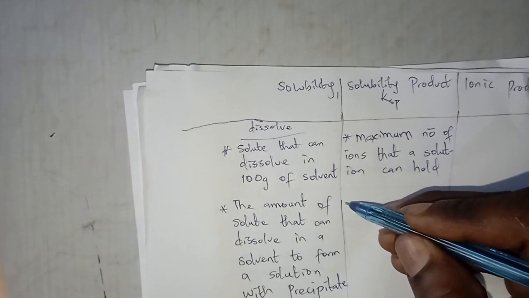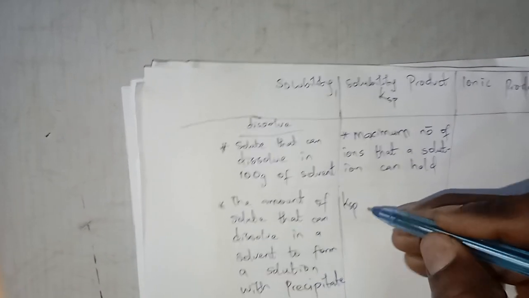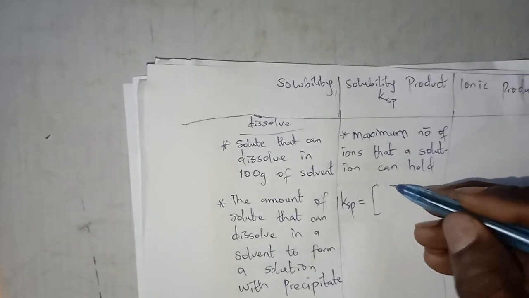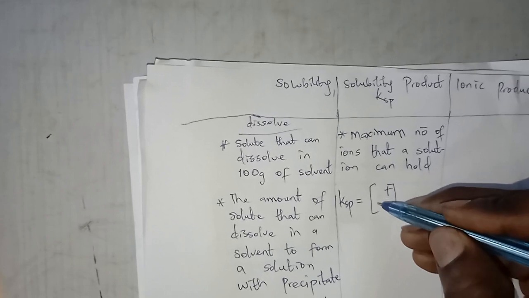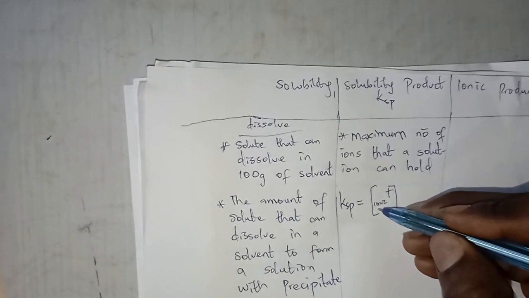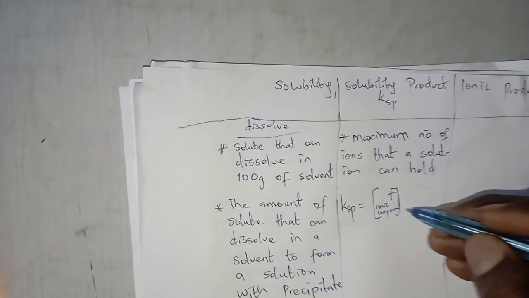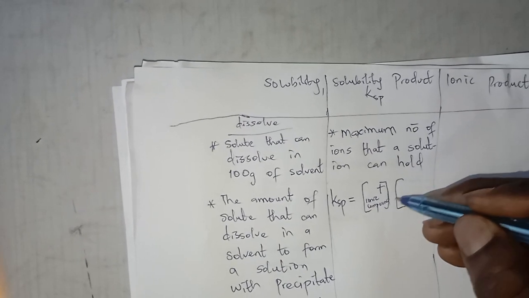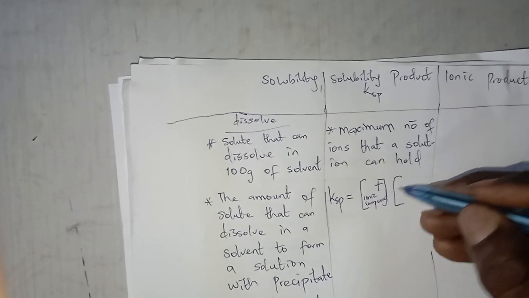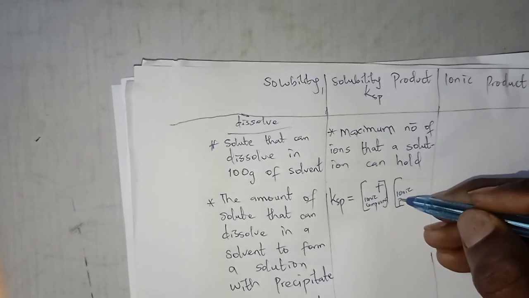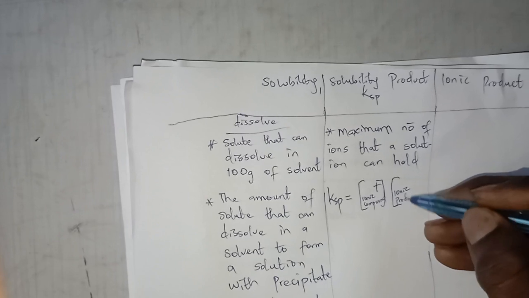And we also say that this KSP is given by the ionic product, that is the plus ion, the metal ion, times the ionic product, that is the metal and non-metallic ion, the minus ion.